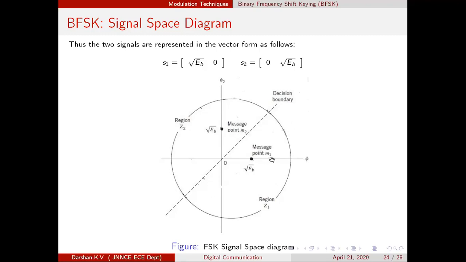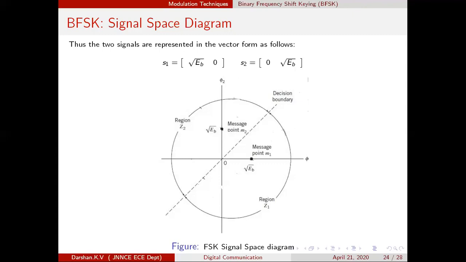Just observe the mouse pointer. Let us assume that the received signal point falls over here. So x falls in this particular region, below the decision boundary, to the right side of the decision boundary. Now observe the coordinates of the received signal point.